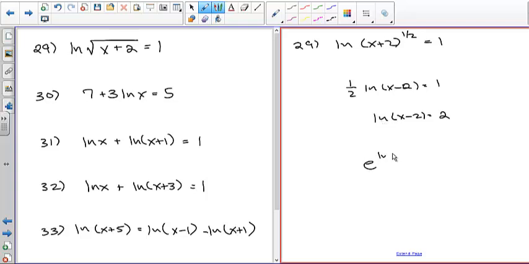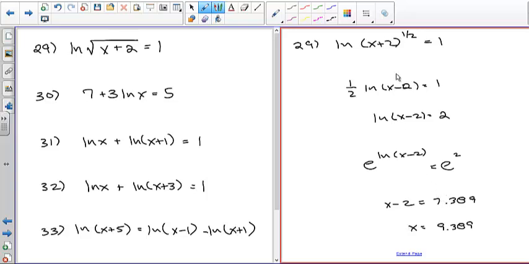So the base of natural log is e. e to the natural log of x minus 2 is just x minus 2. e squared is 7.389. Add 2 to both sides, you get 9.389.